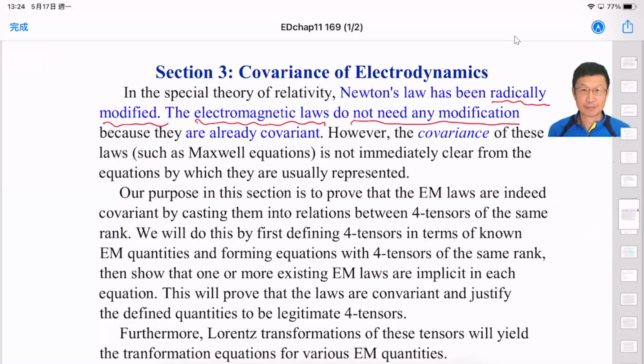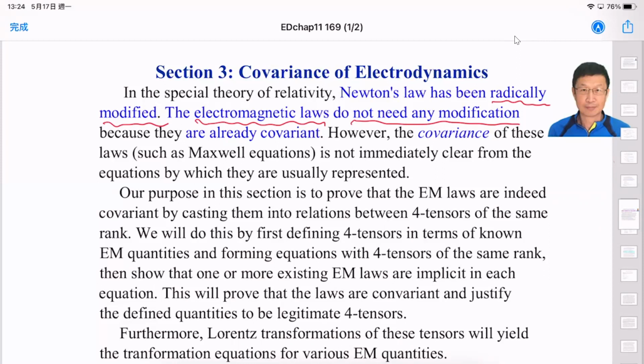That's good, but how do we prove it? They are the same in form, invariant in form, from one inertial frame to another inertial frame. They are still the same.